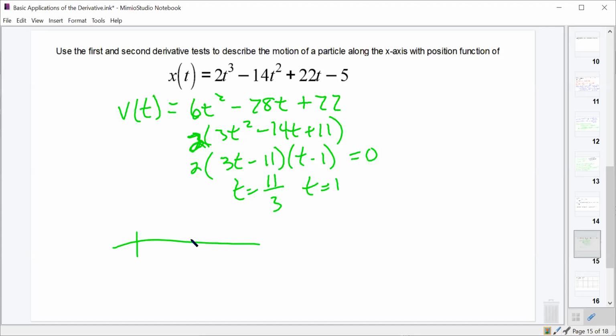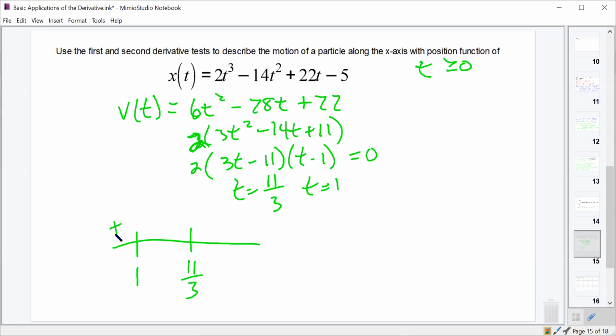So we'll make a sign chart with 1 and 11/3. Plug in something between 0 and 1, just because generally if we're talking about t values, we'll say that t is greater than or equal to 0. Something like a half makes this a negative times a negative times a positive.